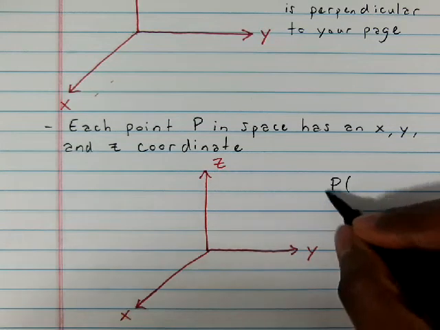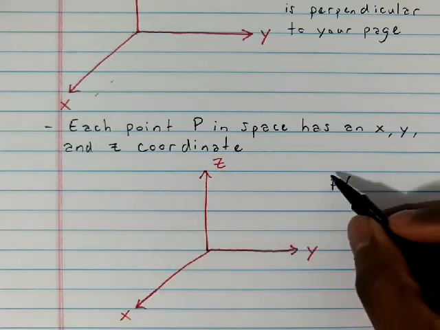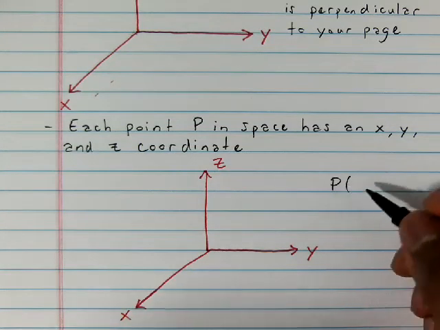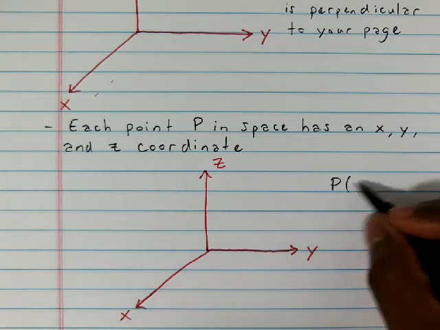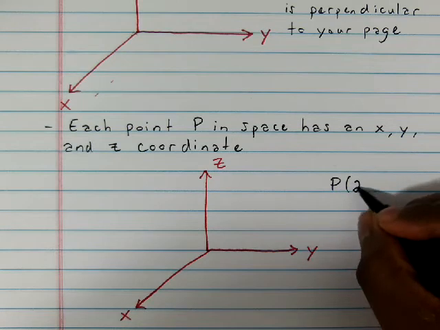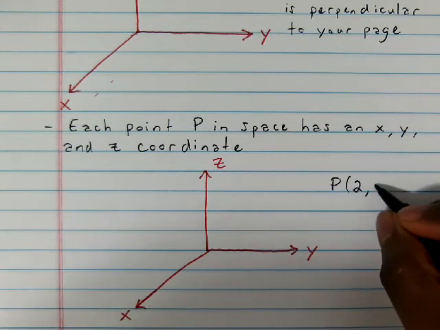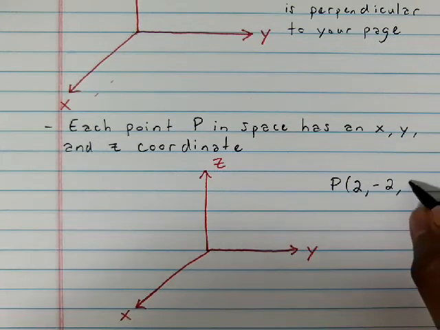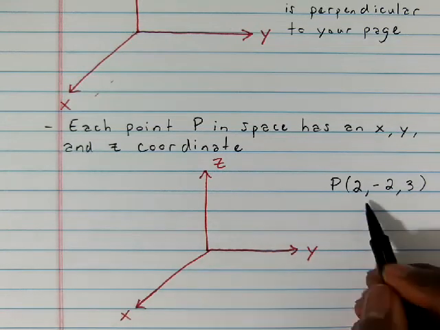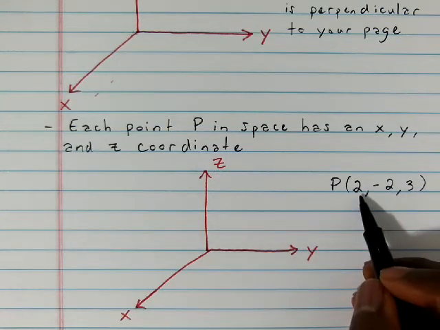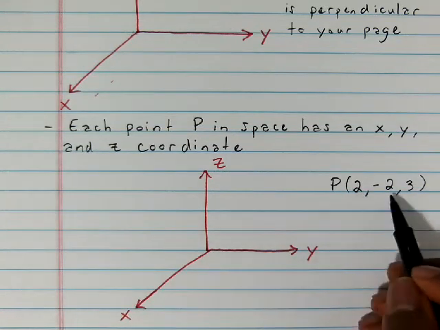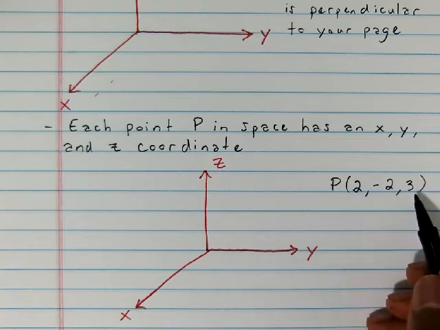We'll put a letter out here to name our point something, or we could just use the coordinates. You oftentimes will see both. You'll see the P along with, I'm going to sketch the point 2, -2, 3, where we still use the natural thing that this is the X coordinate, the Y coordinate, the Z coordinate. So it goes in that natural order.